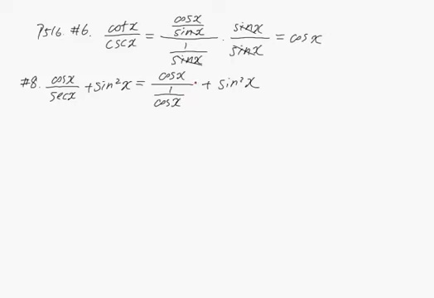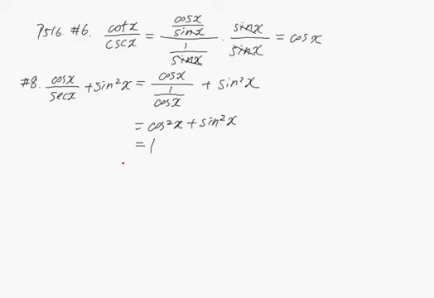So actually, you need to multiply both the numerator and denominator by the cosine x, and then you get the cosine square x, right? So now you get the cosine square x plus sine square x. Then use the fundamental identity, you get what?